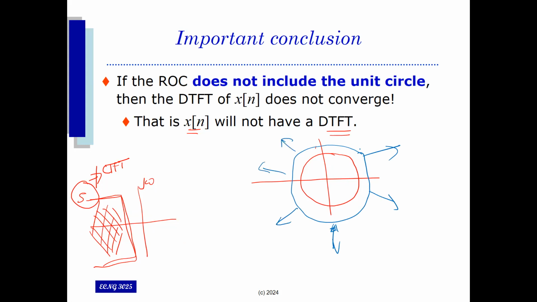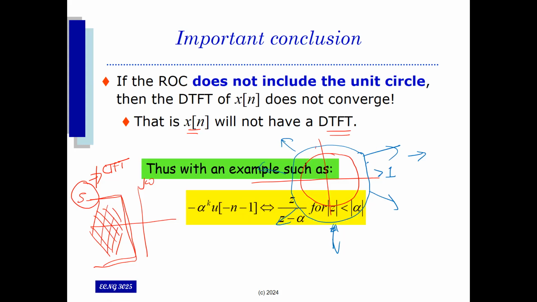It starts at some point where this radius is bigger than 1 and continues outwards. This does not have a discrete time Fourier transform, okay? Just to put things in context, when you have sequences or expressions, you have to make sure that they are in fact converging in a particular region, okay? Just to remember.